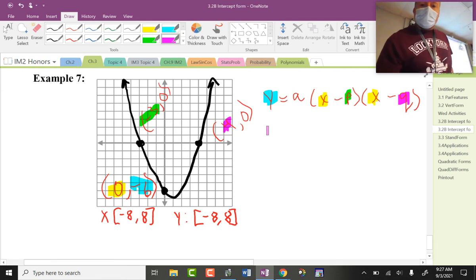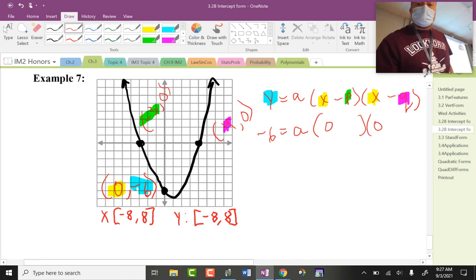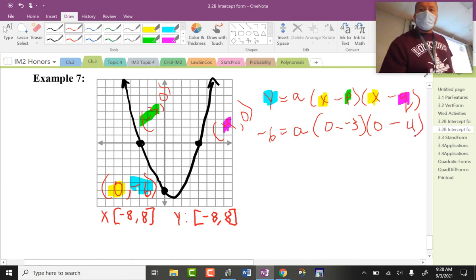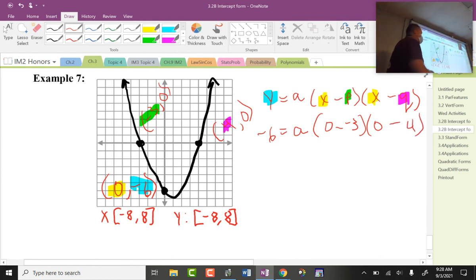You plug in -6 for y. You're trying to find a. You'd plug in 0 for x in both of these positions. Yes. And then you plug in p maybe for -3, so x minus negative 3, and q was 4, x minus 4. And then this is very evaluatable.